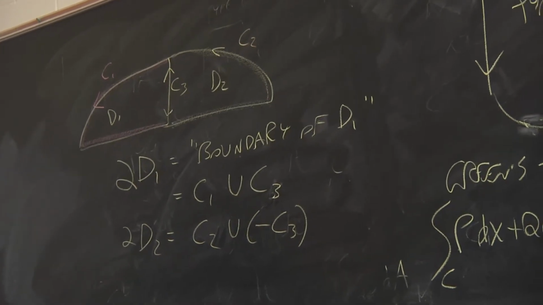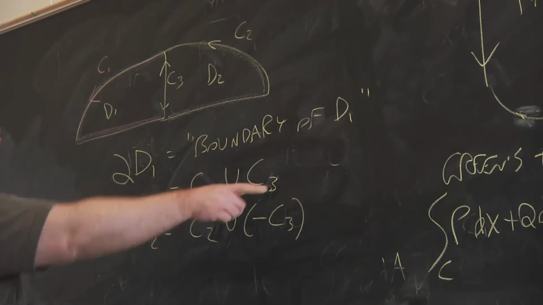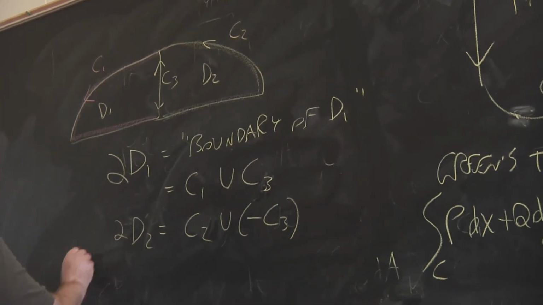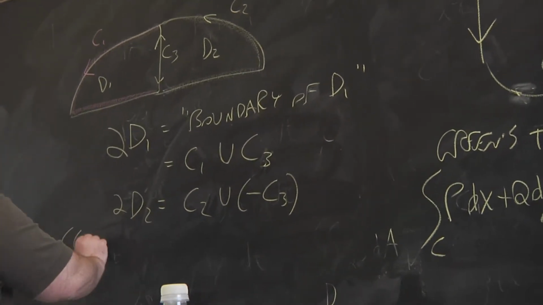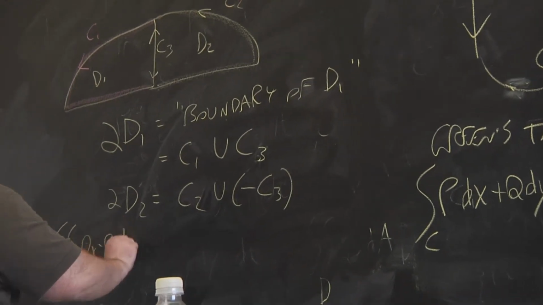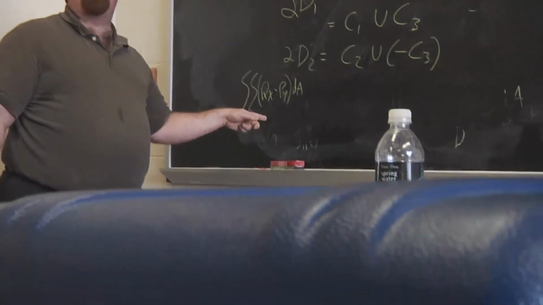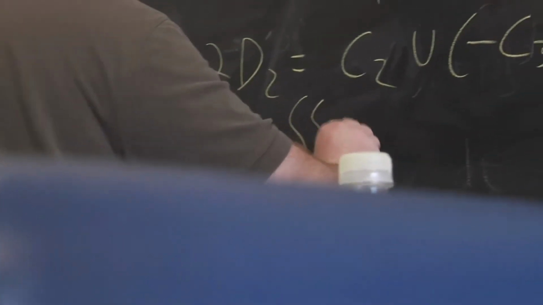So now if you want to apply Green's theorem to the entire thing, well, for the double integral side, the double integral over D of qx minus py. Well, the double integral over the entire region is just going to be the sum of the integral over D1 plus the integral over D2.